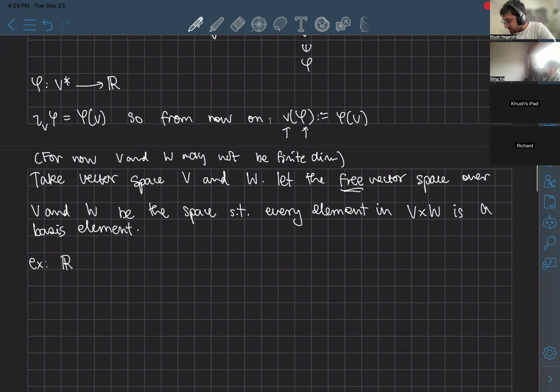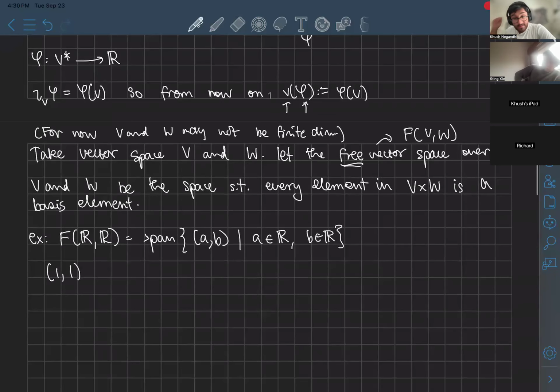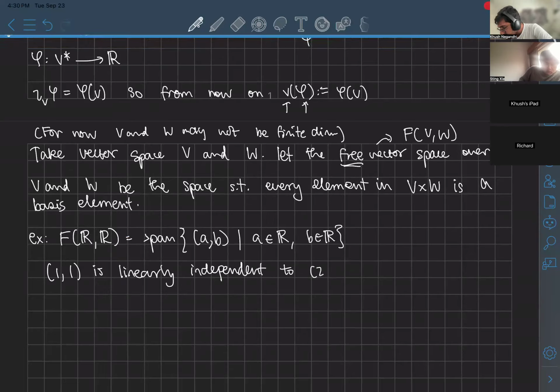Let's say we want to take the free vector space over R and R. I'll denote that as F of R and R, like F of V and W. This is equal to the span of everything of the form (a, b), where a is in R and b is in R. So the vector (1, 1) is linearly independent of the vector (2, 2).